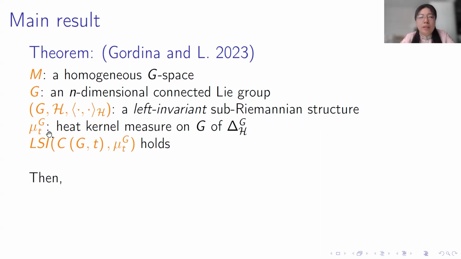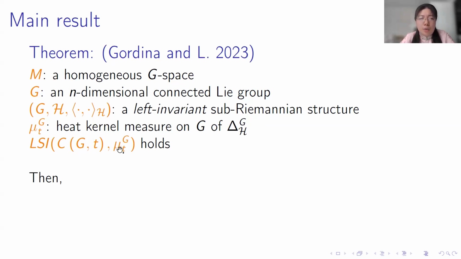So in this case, in the group setting, you can have the heat kernel measure mu_T of G on the group generated by the sub-Laplacian.